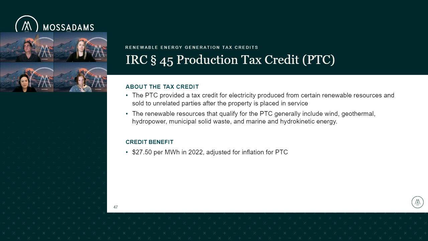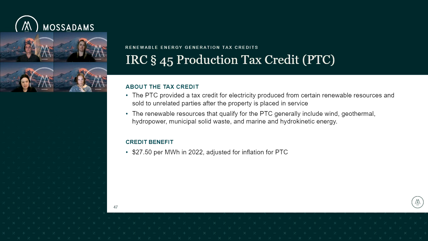This already existed prior to the IRA, but the IRA expanded the scope of it. The renewable resources that qualify for this credit usually include wind, biomass, geothermal, hydropower, municipal solid waste, marine and hydrokinetic energy. The IRA also included solar power, which is a new opportunity that expanded the scope.